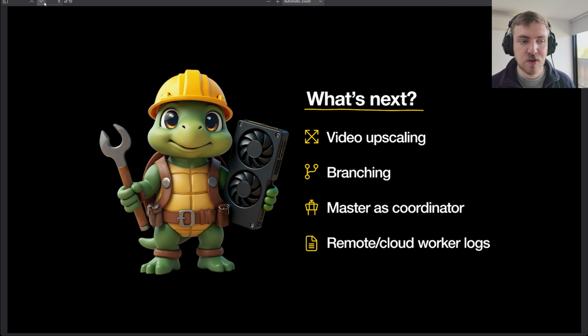The next thing is branching. Branching is an idea from one of the users of Distributed, and it's basically where one workflow can be split into different branches. One GPU is going to take care of one part of the branch, the second is going to do something else, and the third is going to do something else, but then they converge together later on in the workflow to create one output.